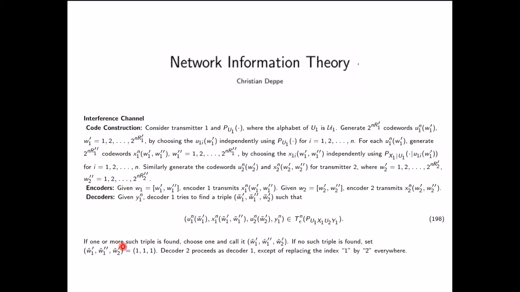And if one or more such triple is found, then choose one, and we call it the estimate of W1', W12', and the estimate of W2'. If no such triple is found, then it's somehow an error, and we put all messages equal to 1. And decoder 2 proceeds as decoder 1, only we replace 1 by 2 and 2 by 1 here.